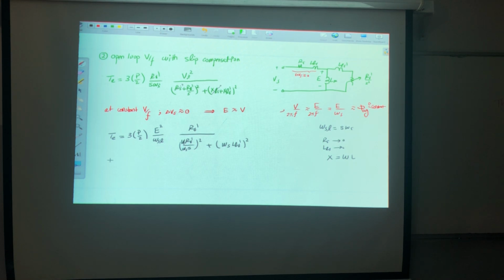So I will get TE almost equal to 3 P over 2 times E over omega S squared, times R dash over omega slip over, here I have R dash over omega slip squared plus L dash squared. What I did, the first thing here, I took omega S out, then I took this one here.